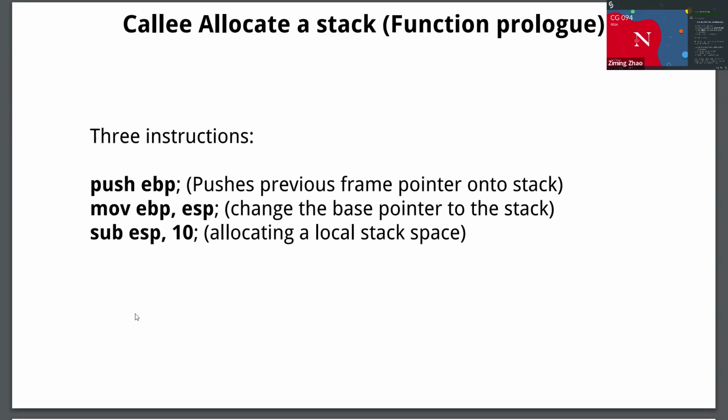The previous EBP value is overwritten, but it doesn't matter because we already stored it onto the stack. After that, we reserve some space by subtracting some bytes from ESP. So then our local variables will be somewhere higher than where ESP points to.